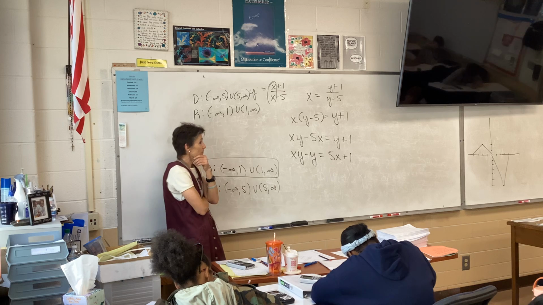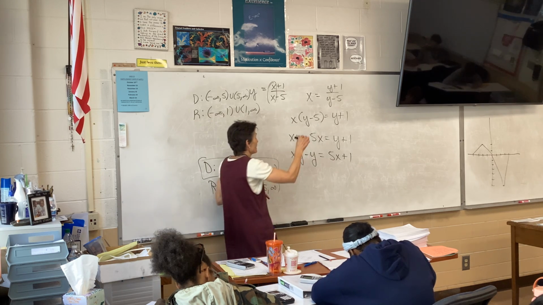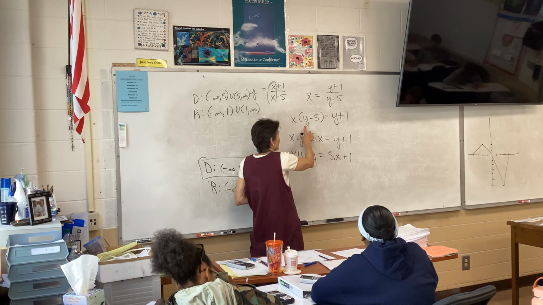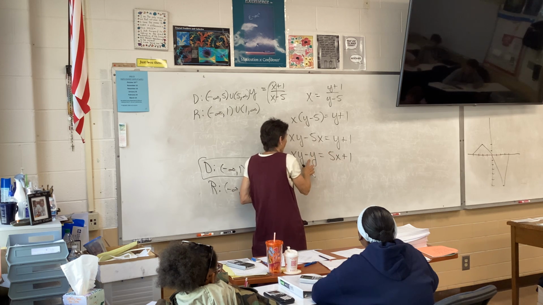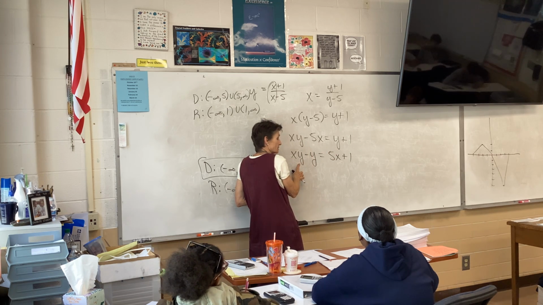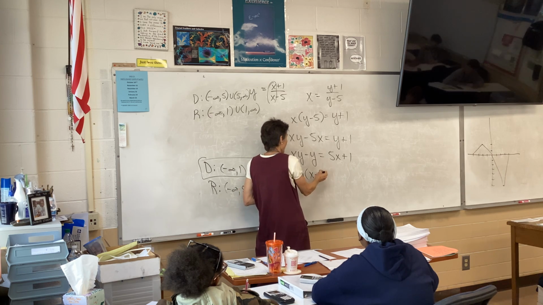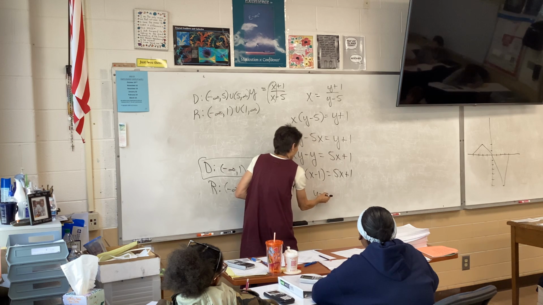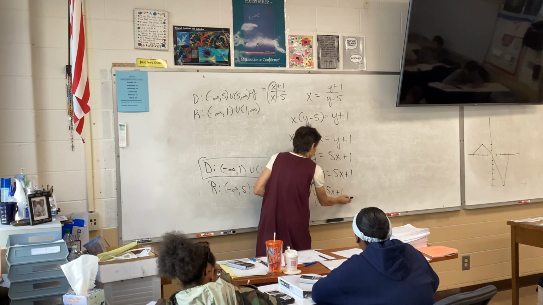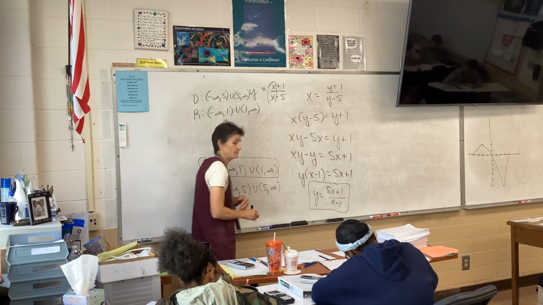Now look at that carefully, guys. We did this. Oh my goodness. Bring this over to this side. Distribute. Now we want the y's on the same side. Once you get them on the same side, factor them out and divide by the parentheses. So there's your inverse.